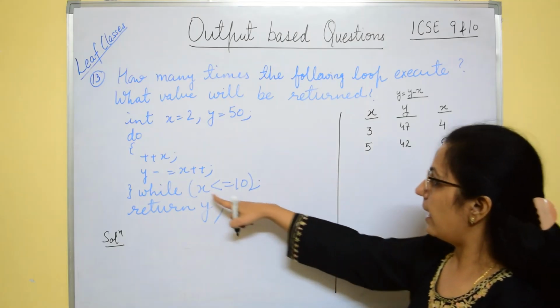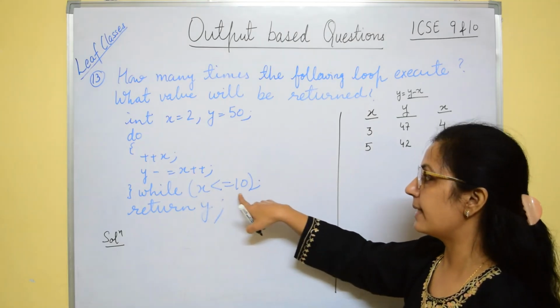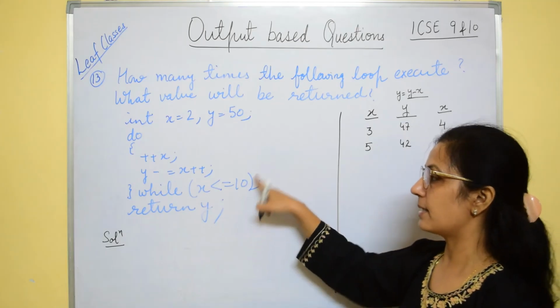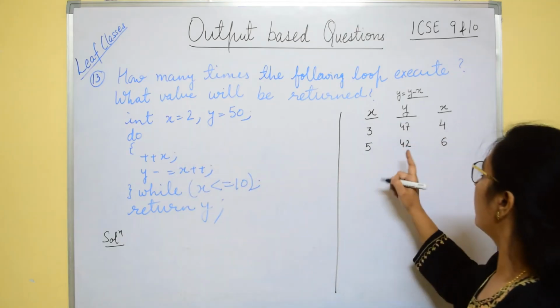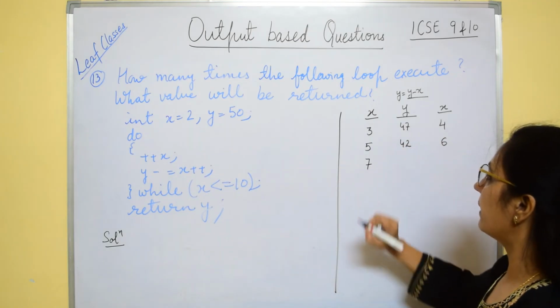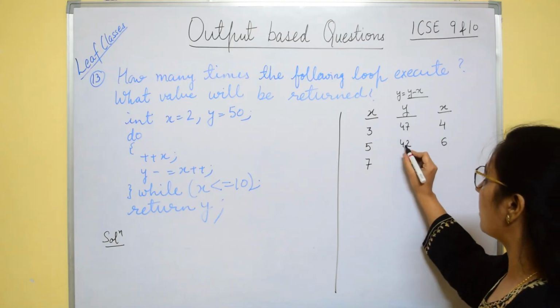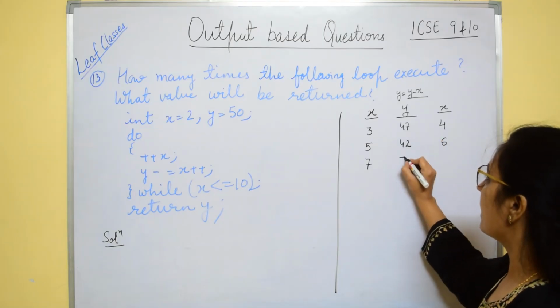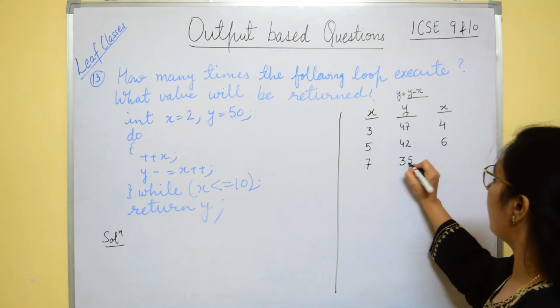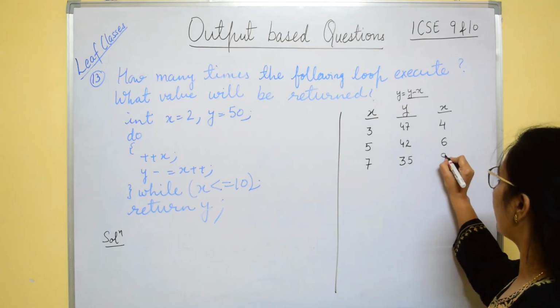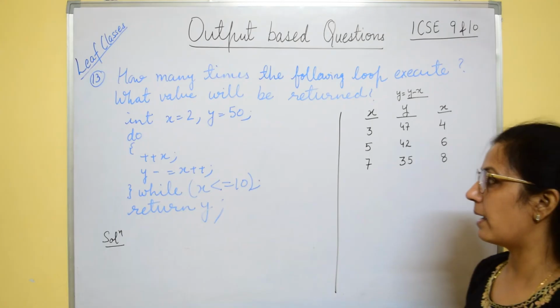Then again the condition is true, 6 is less than or equal to 10, yes. So it will come here, the value of x will be incremented, y will be calculated, 42 minus 7 is 35, and then the value of x will be incremented, it will become 8.